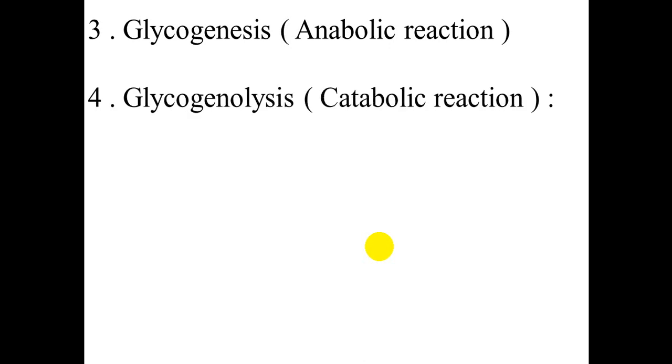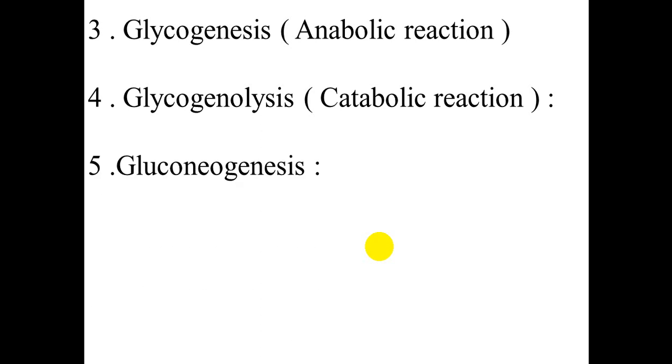4. Gluconeogenesis, catabolic reactions. When the blood sugar level falls, hypoglycemia, a decrease of sugar concentration as glucose levels, glycogen stored in the tissue, glycogen of the liver and muscle may be broken down to the formation of glucose. 5.